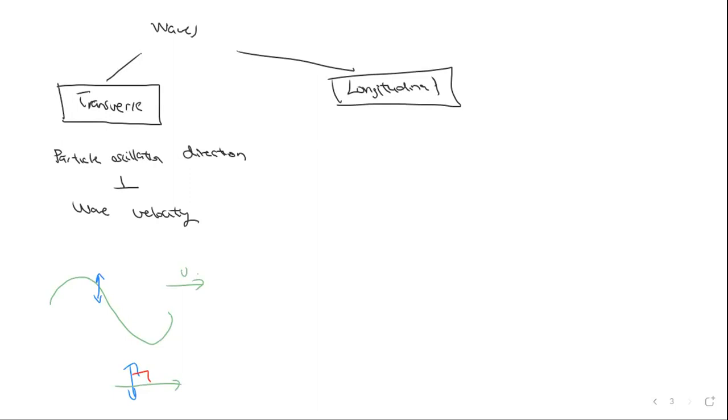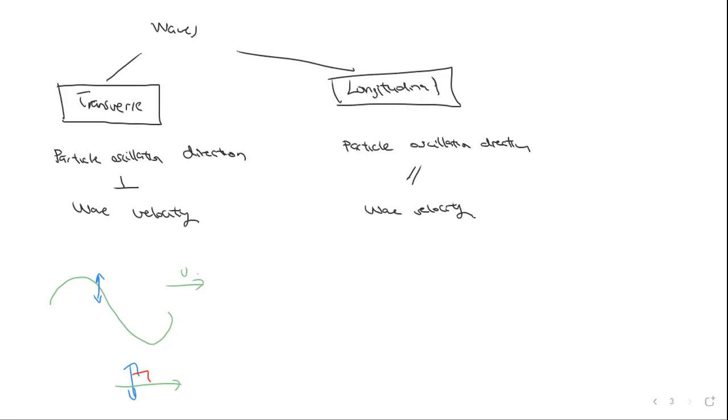For a longitudinal one, we want the particle oscillation direction to be parallel to the wave velocity. Longitudinal waves are much trickier to draw. We don't normally draw out longitudinal waves too much.